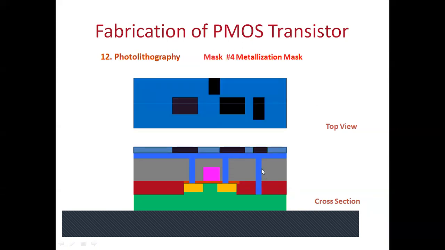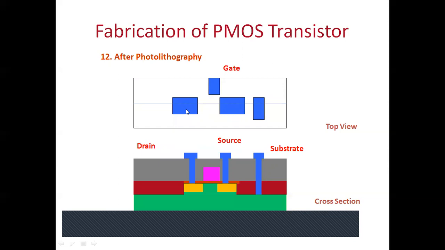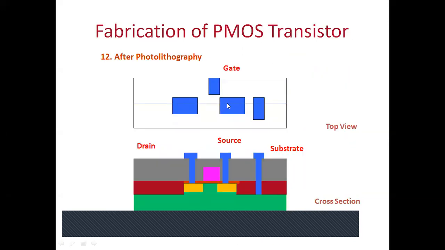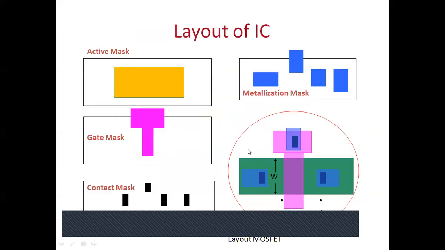Then unwanted metal is removed. When you remove the unwanted metal, this is the drain, this is the source, this is the substrate. In this way, your PMOS transistor is fabricated. Everything is the same. Only wherever there is N, you have to make P, and wherever there is P, you have to make N. This is the layout of the IC, same.